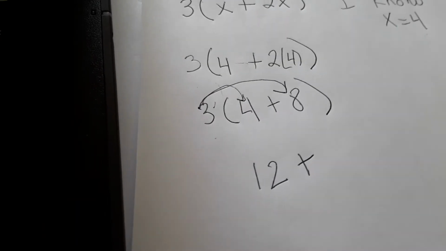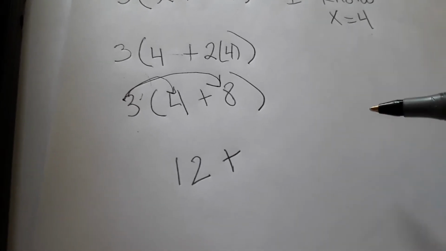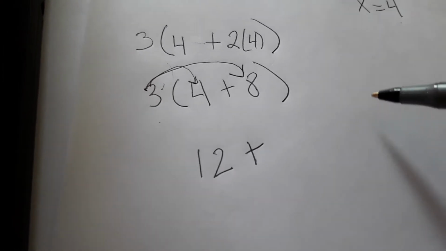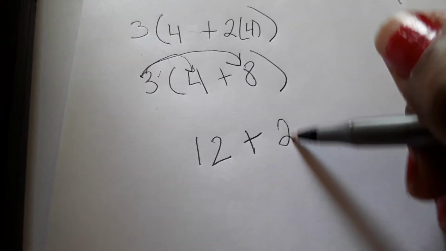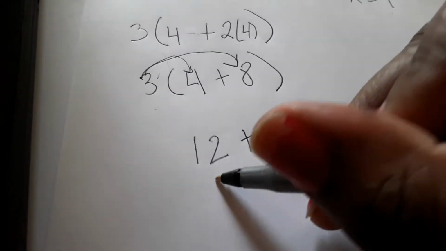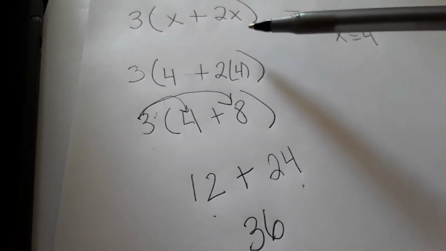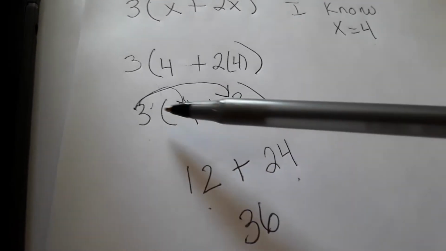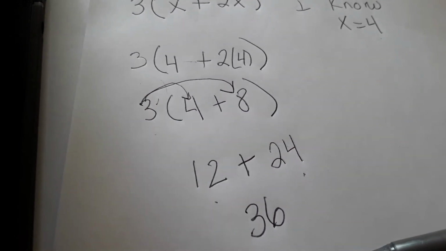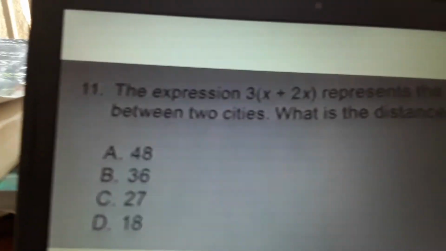I just wanted to show you how distributive property also could have been used to get to the answer. And 3 times 8, which is 24. And then if I add those two together, I get 36. Again, I know there's several different ways I could have done this, but I just wanted to show you guys how distributive property was used, right? And of course, 36 is my answer right there, so I had it right all in all.